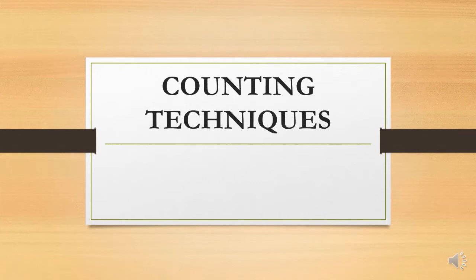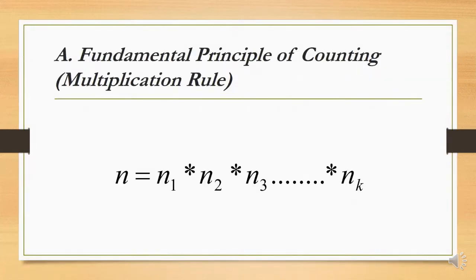You will be using the counting techniques in solving yung probability mismo. So, meron tayong tatlo na counting techniques. The first one is what we call the fundamental principle of counting, or what we call the multiplication rule. The second one is permutation, and the third one is combination.